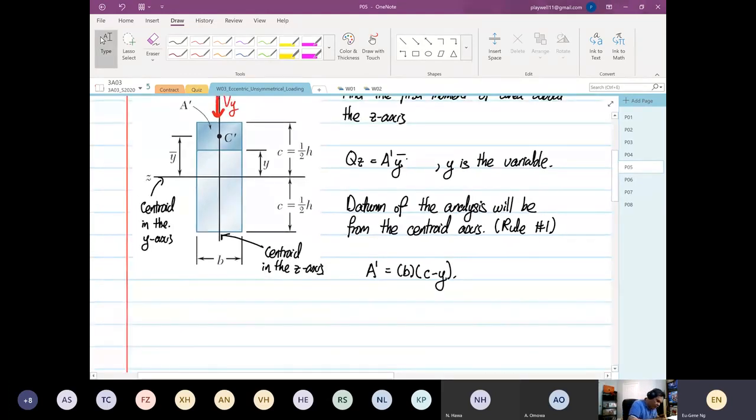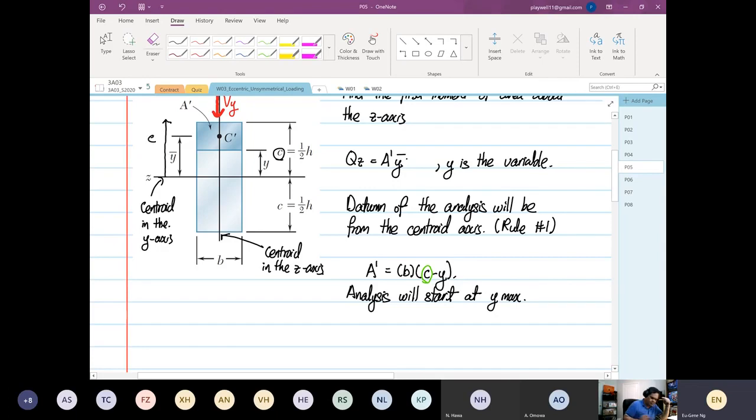If you can see over here, it's equal to C minus Y and not equal to Y minus C. So the analysis will start at Y max, because C is the distance from the centroid up to the extreme end.